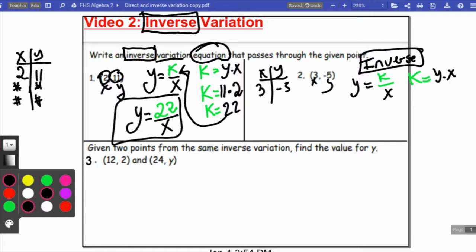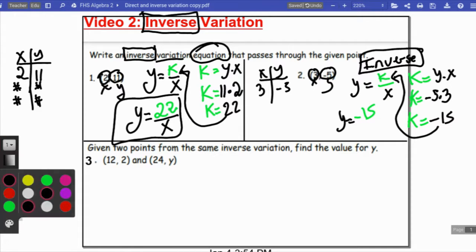So this is x, this is y. So k equals, the y is -5 times the x is 3. Therefore, k equals -15. Then you can take this and plug it in the equation. y equals -15 over x. Here we go.